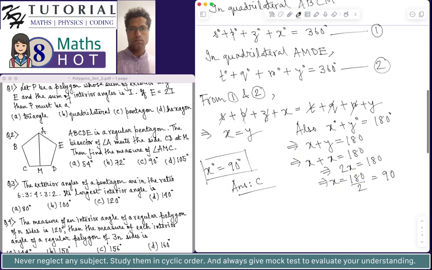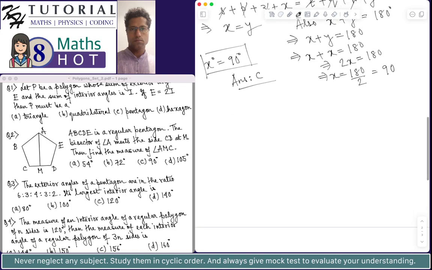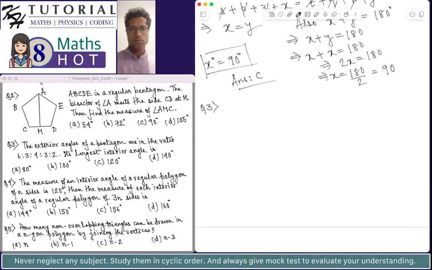Okay, let's do question number 3. Question number 3 says the exterior angles of a pentagon are in the ratio 6:3:4:3:2.